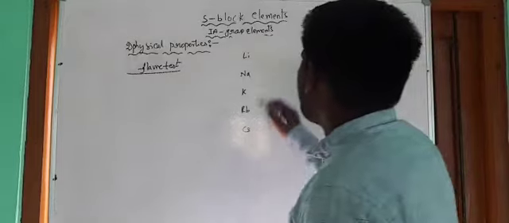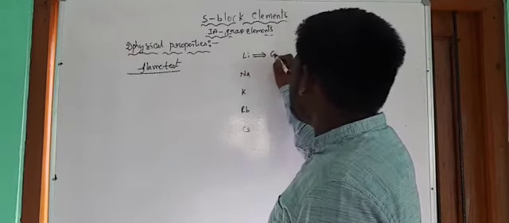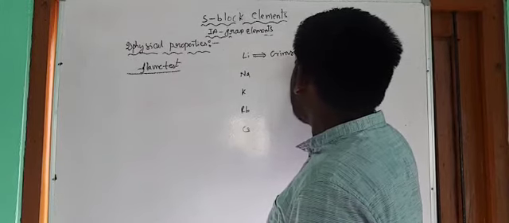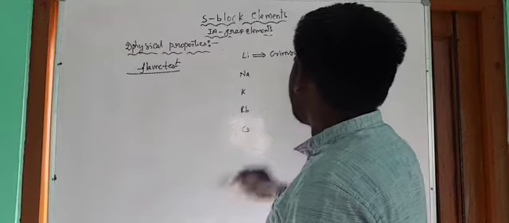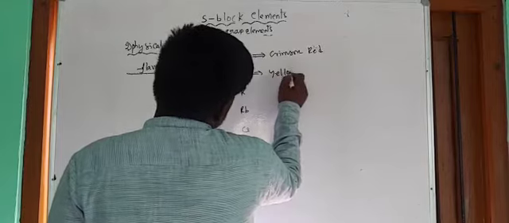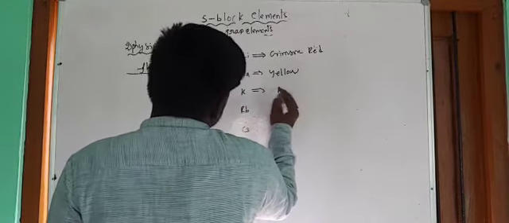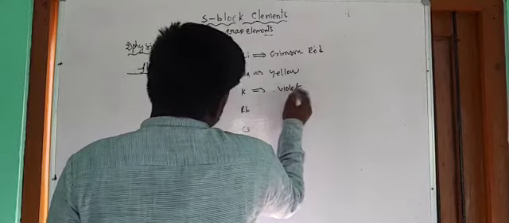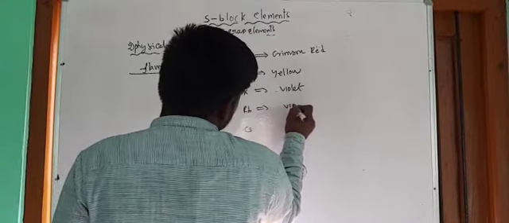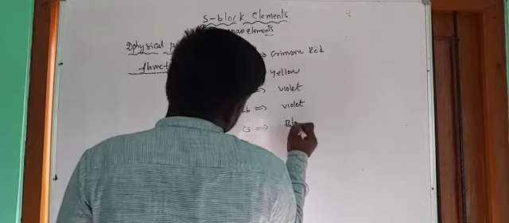In the flame test, lithium gives crimson red color, sodium gives yellow color, potassium gives violet color, rubidium gives violet red, and cesium gives blue color.